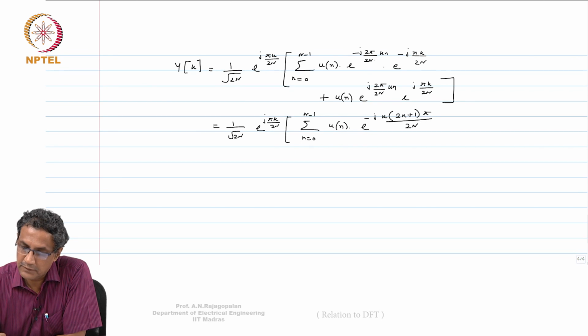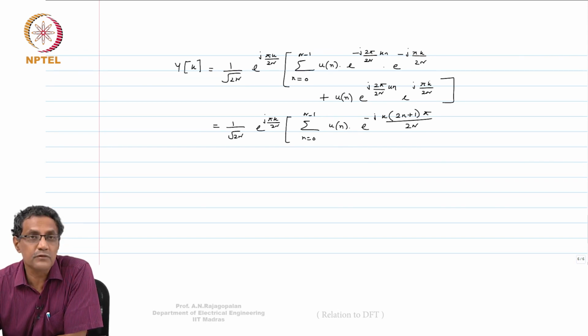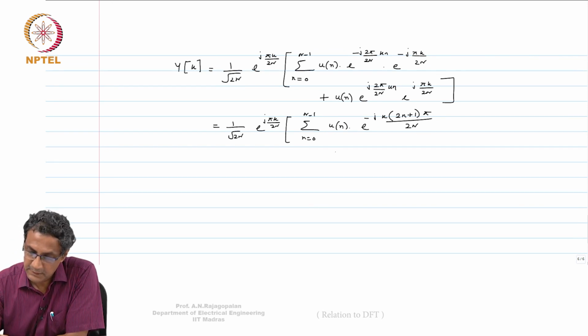I pulled out k π as common. So in one case you will get 2n, and in the other case you will get 1, and minus j of course is common, plus u(n) e raised to j.